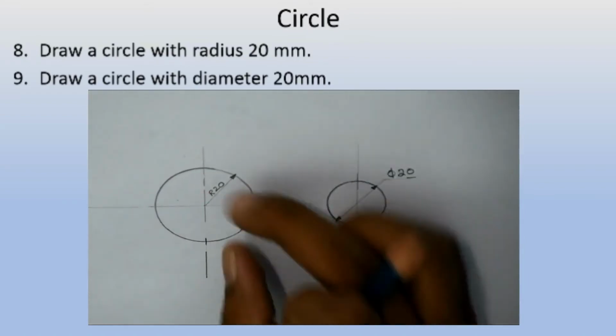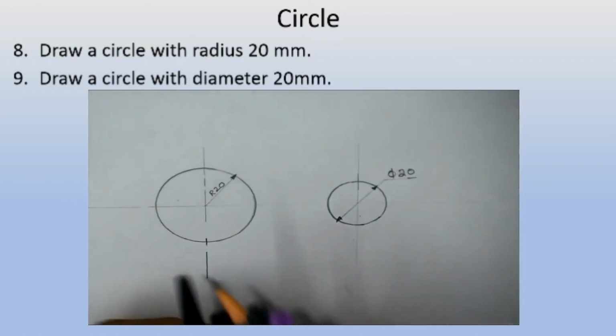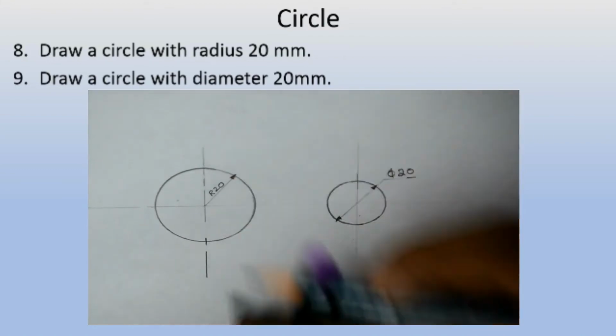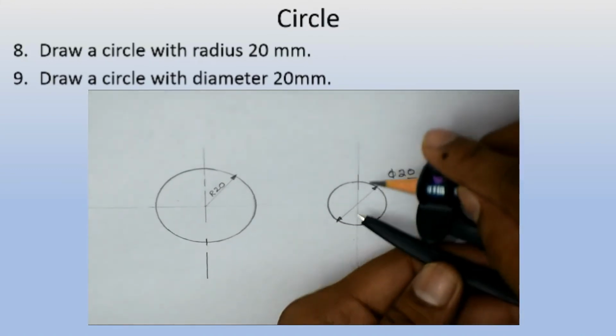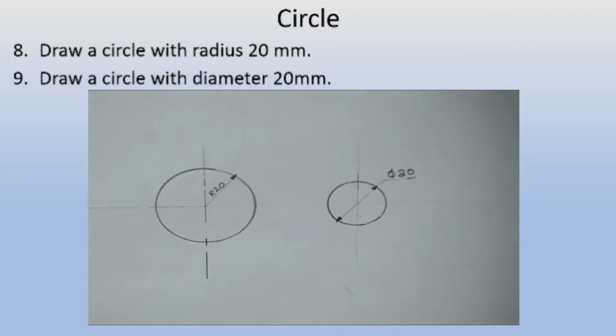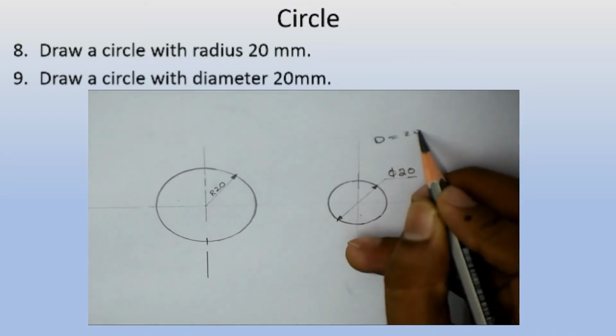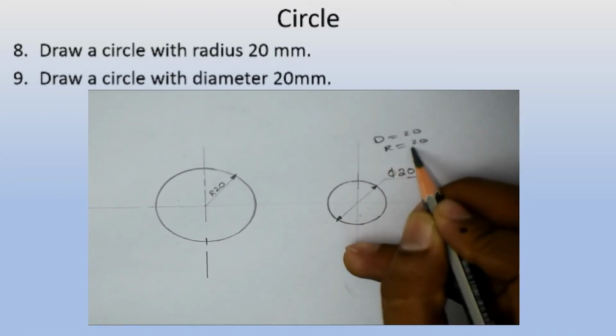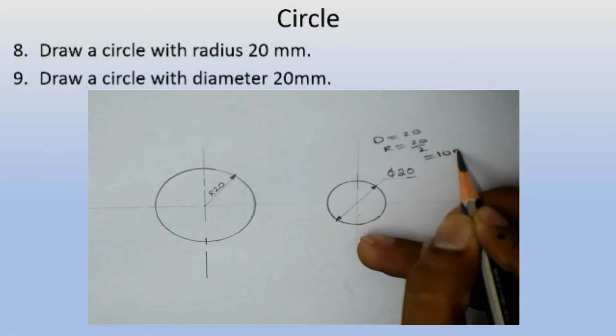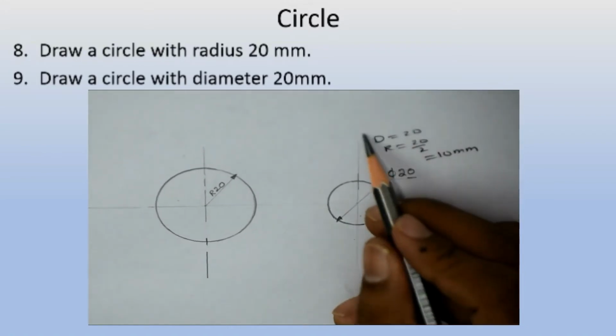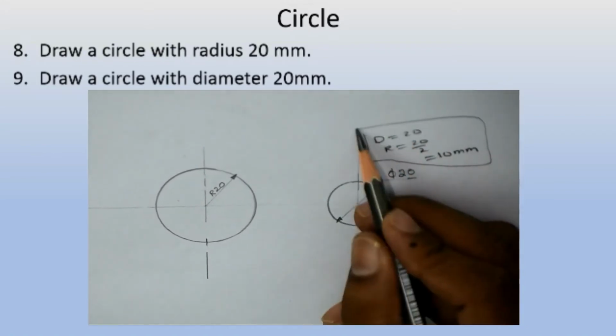This is a 40 diameter circle. I hope you can observe the differences now between the radius and diameter. This is very important. Here the diameter is 20 and the radius is 10. Very important thing to note.